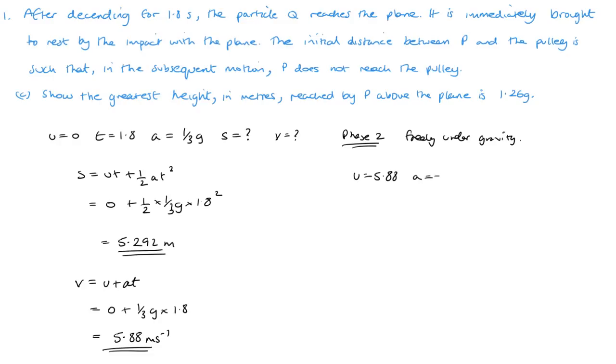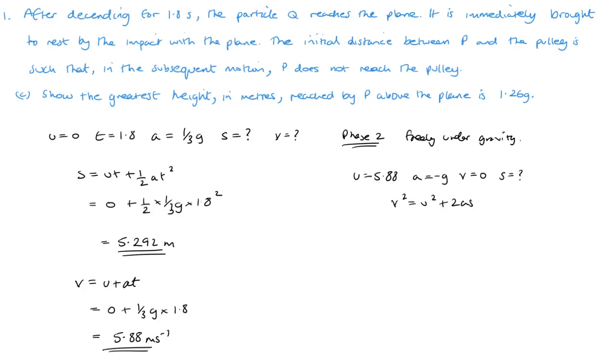Acceleration is g. So if we take upwards as positive, the g is going to be a deceleration. We want to find s, and v is going to be 0, because at the maximum height the velocity will come to 0. So v squared equals u squared plus 2as is what we're looking at.